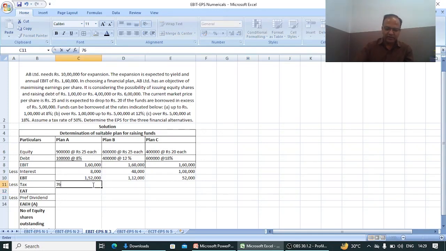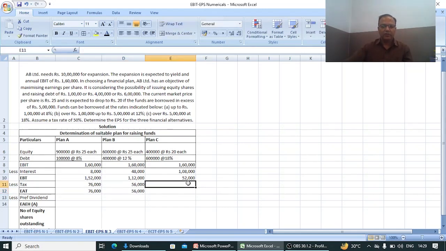It means this is 76, 76. 56, 56. 26, 26. This is earning after tax. Preference dividend is nil in all the cases.